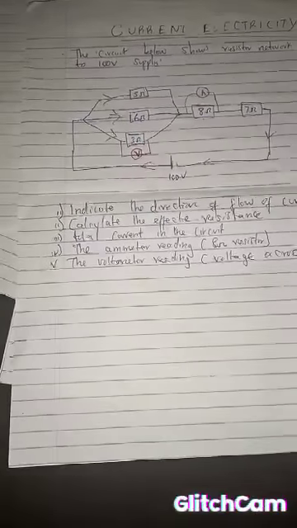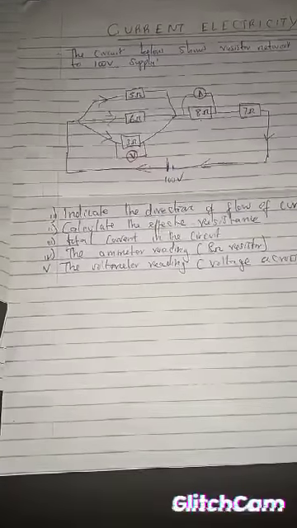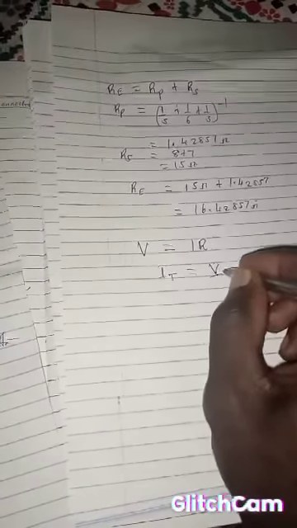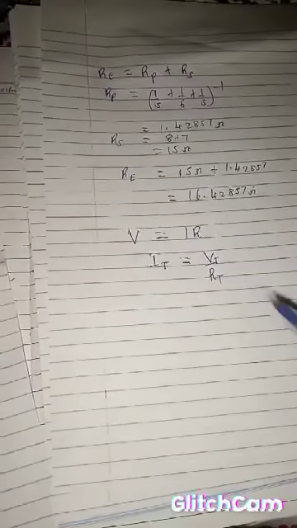Then the second question here is calculate the total current in the circuit. From voltage, V is equal to current times resistance. So total current is equal to the total voltage over total resistance.